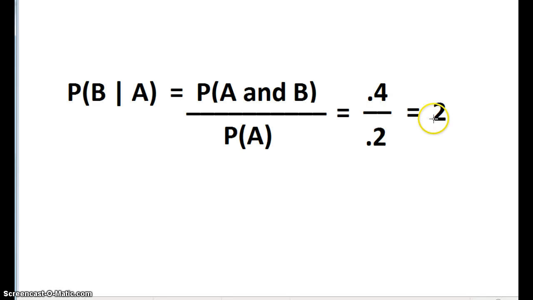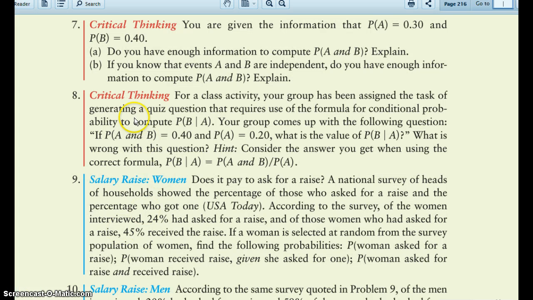Why did we get an error when we came up with probabilities and then just plugged them into this formula? If you look at it, we said the probability that A and B would both occur is going to happen 40% of the time. A and B both happen 40% of the time. But then we say the probability that A is going to happen only happens 20% of the time. How could both A and B occur 40% of the time if A only happens 20% period?